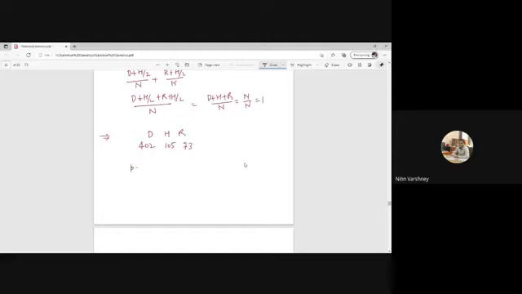Then I can calculate p equal to D plus H by 2 upon N. So D is 402 plus H by 2, 105 by 2, upon total N which is 580. So this will be 580.